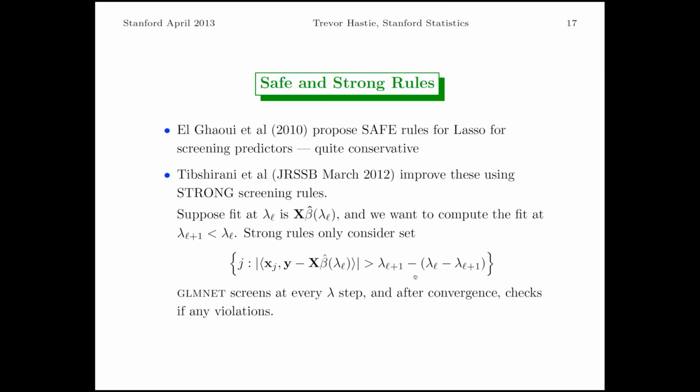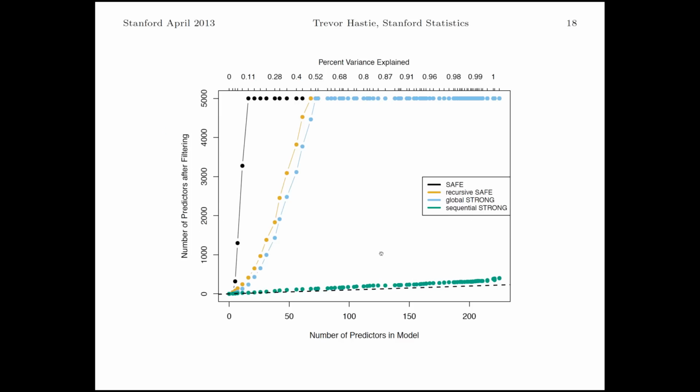We compute the solution, and then at the end of that, we check all the variables, the whole lot, and make sure that we have the solution for the whole lot. That checking is trivial. It's just inner products, and that gives you a dramatic saving. Here's an example where there were 5,000 variables.